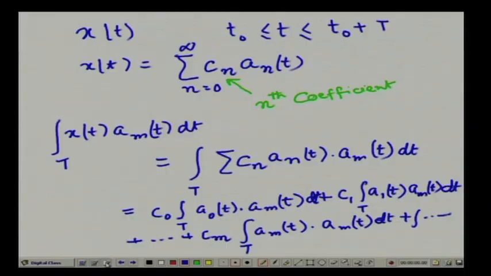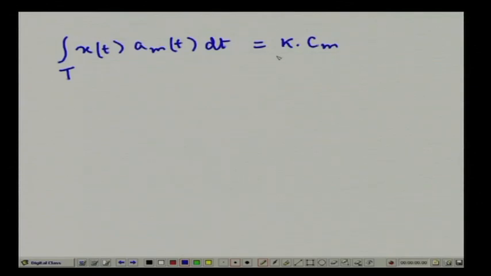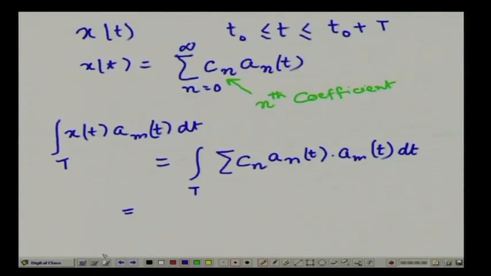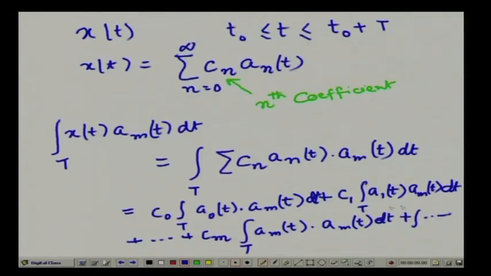So, by using that formula of orthogonality, we simply get the integral of x t into a m t dt over capital T equal to the constant k times C m, because all the other terms on the right hand side will be equal to 0.